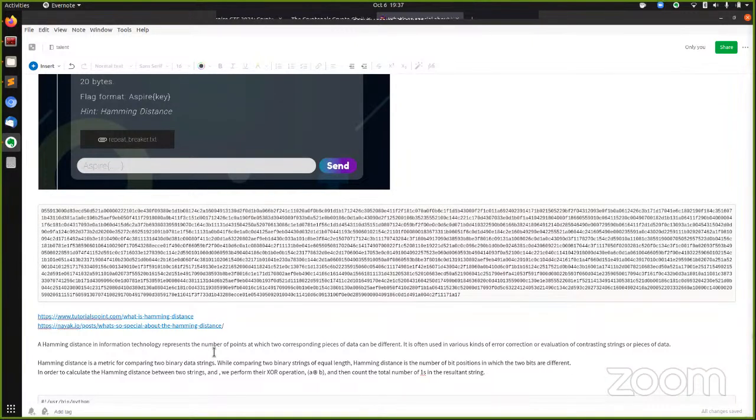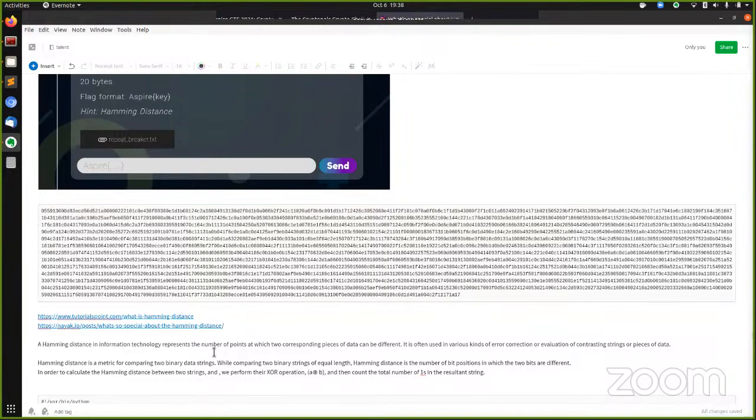In regular use, the Hamming distance is usually used for error correction. Let's say I send you a message. The Hamming distance is used to determine whether the message got to you without any errors, because if there are any errors, the Hamming distance would be higher. So the more the variations, the higher the Hamming distance.